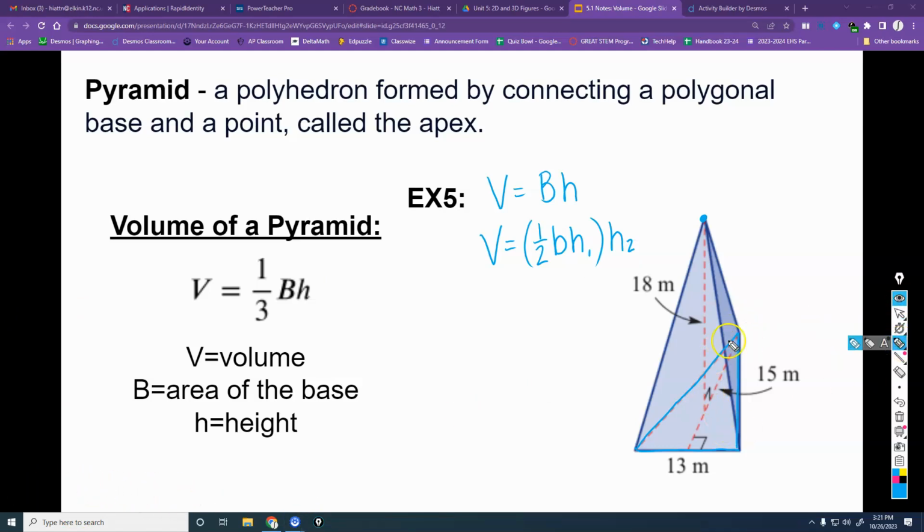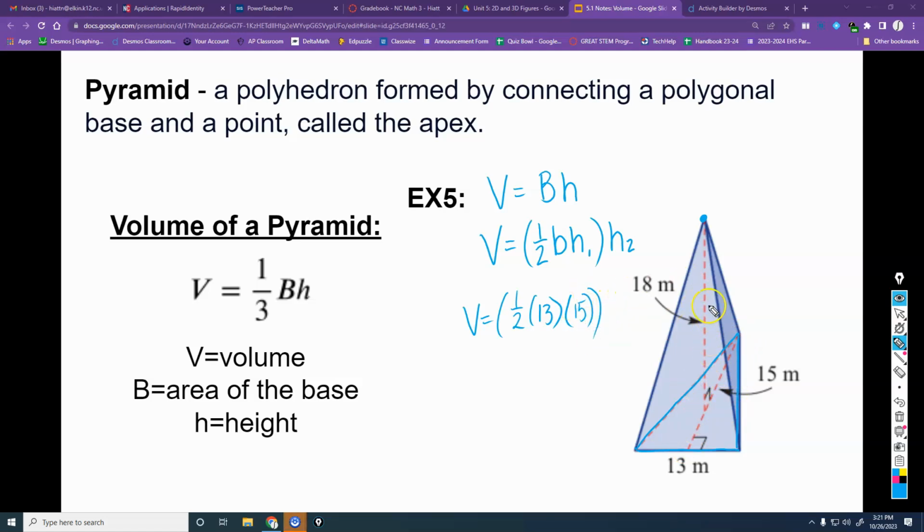So if we're looking at the bottom here, which is our base, then the base and the height of that triangle have to be perpendicular to each other. So the base of that triangle right there is 13. So we've got 1/2 times 13 times the height, which has to be this perpendicular height here, which is 15.